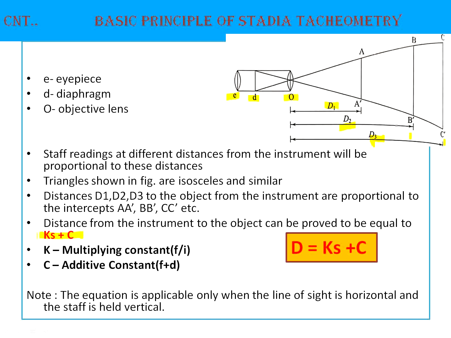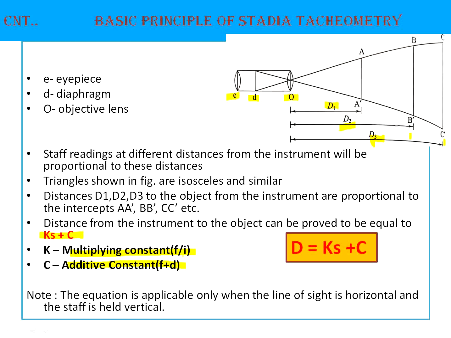So this principle can be well explained from this relation, that is D is equal to Ks plus C, where K is termed as the multiplying constant, F by I, and C is termed as the additive constant, F plus D.